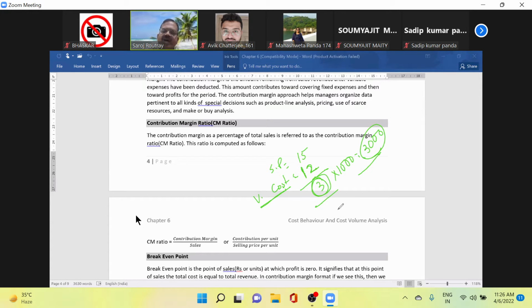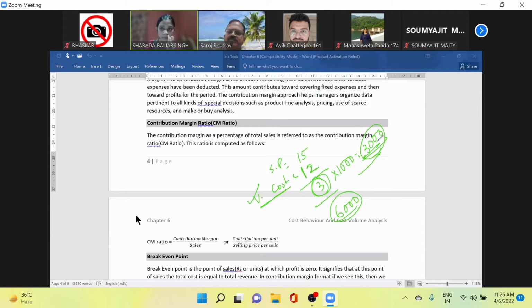Now, if I say my fixed cost is 6,000, because variable cost I have already deducted, how many units do I need to sell so that I will have a contribution equal to 6,000? 2,000 units.